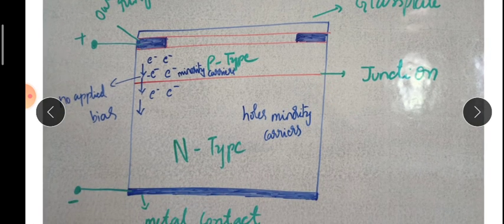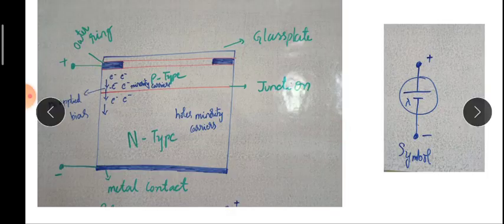The n-type material in the bottom acts as the negative terminal, and this figure shows us both the construction of the solar cell and the symbol that represents the solar cell.